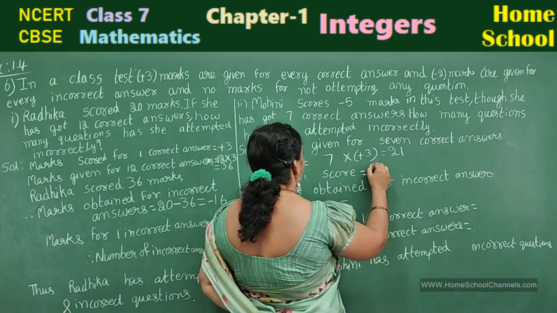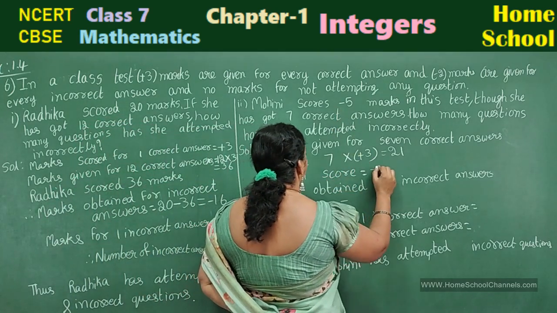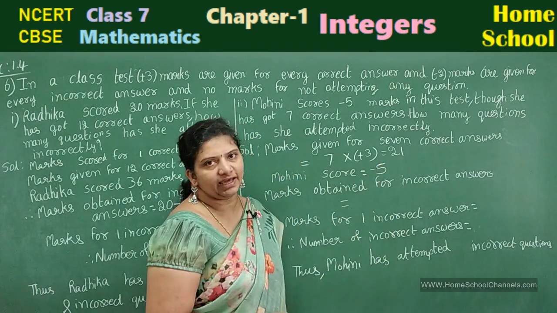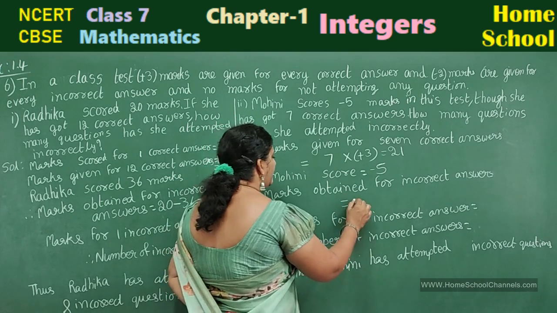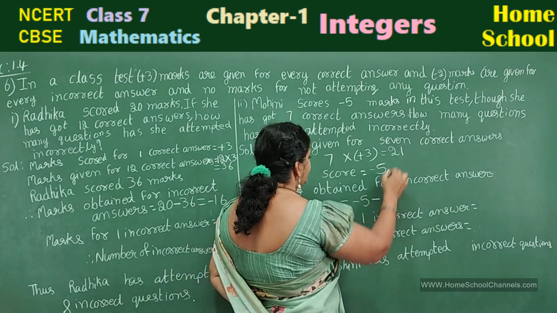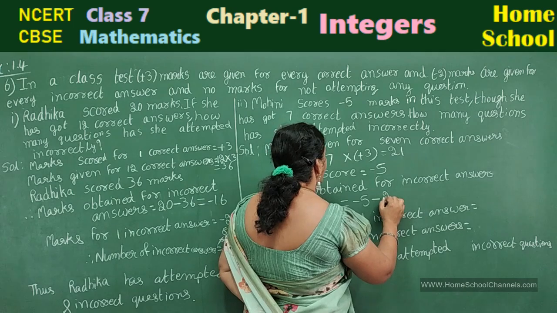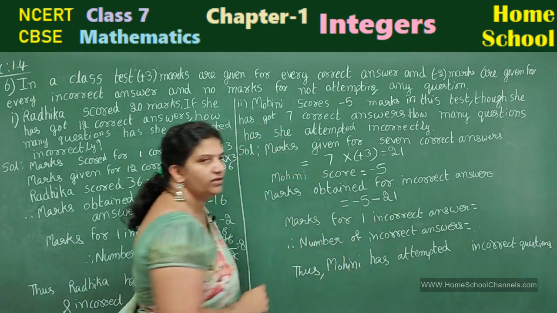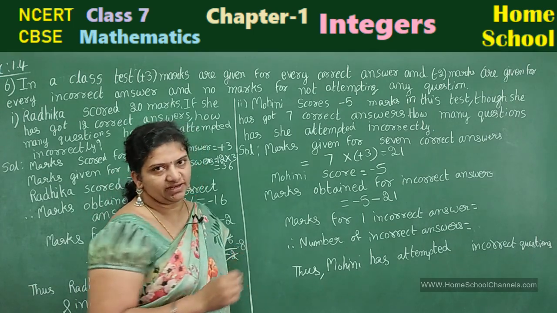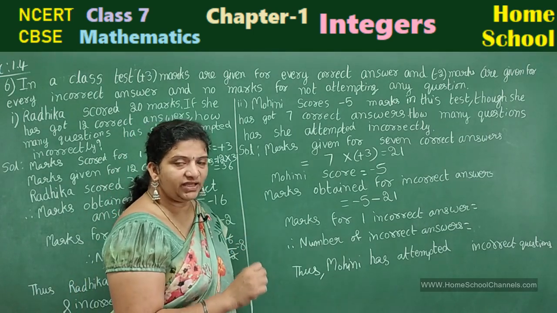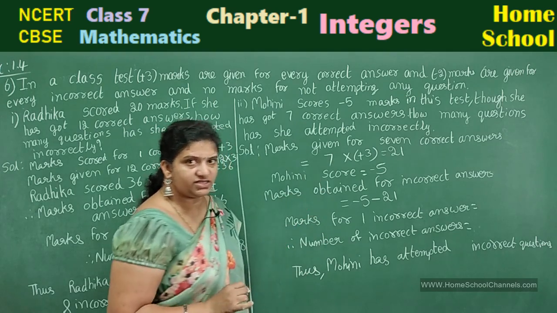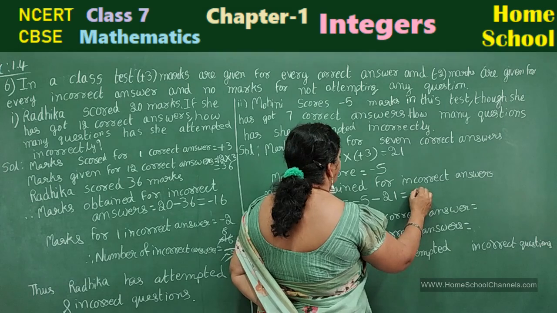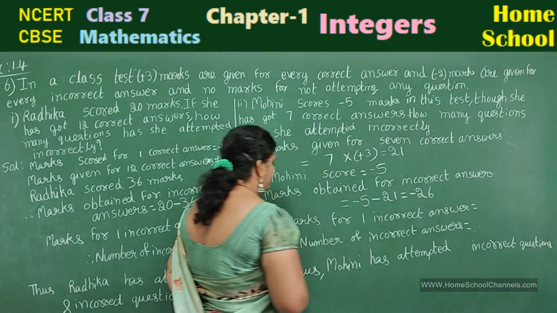Mohini's score is equal to, what is the Mohini score? Minus 5. Marks obtained for incorrect answers. Mohini's score minus, what is the score for correct answers? Minus 21 we need to write. Okay, Mohini's score is minus 5. In that, we need to subtract the correct answer score. That is minus 5 minus 21, it will be minus 26.